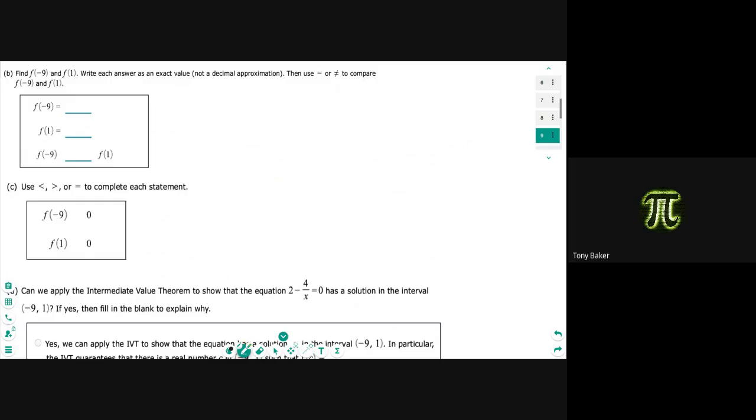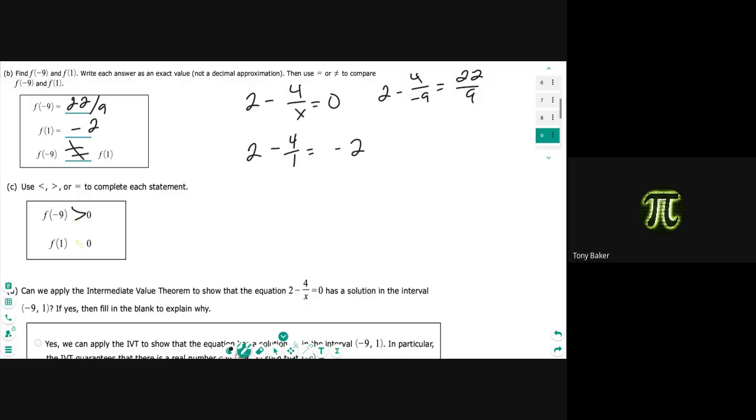Plug in the negative 9 and the 1. It's not equal.